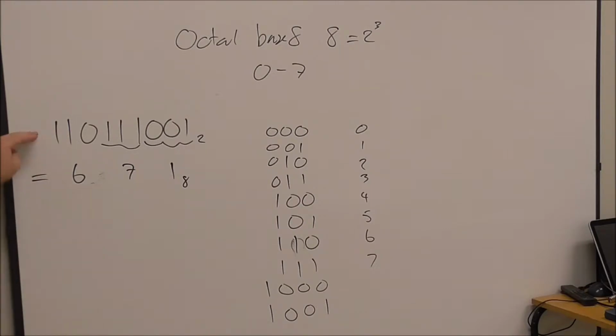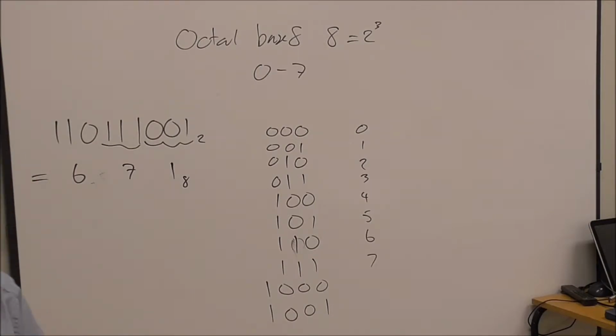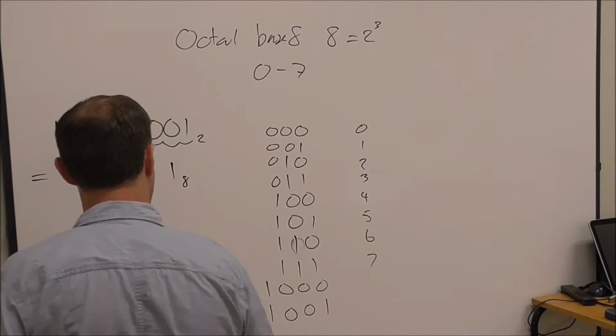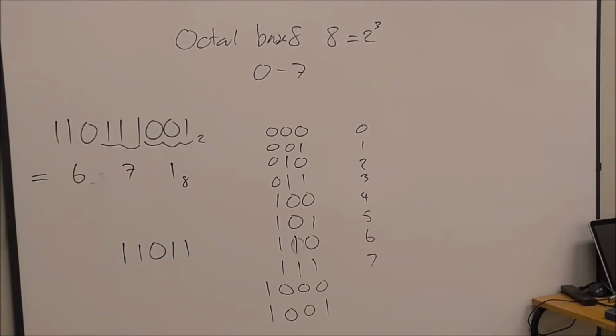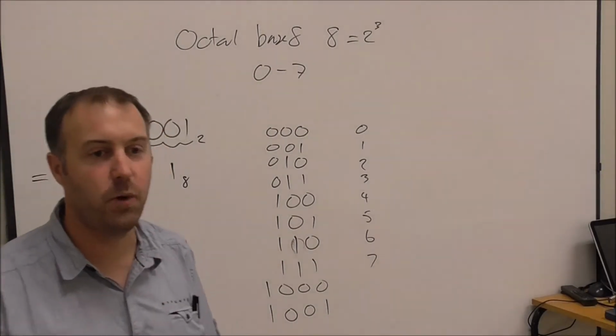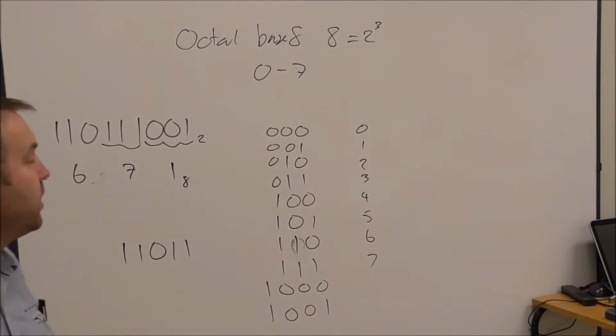Very easy to switch between binary and octal. What do you think I would do if I only had, let's say, 5 bits, like that? What would I do? Yep. Just add a 0. Yep, a leading 0. So 1 in decimal could be written as 01, or 9 could be written as 09. Doesn't affect the value.